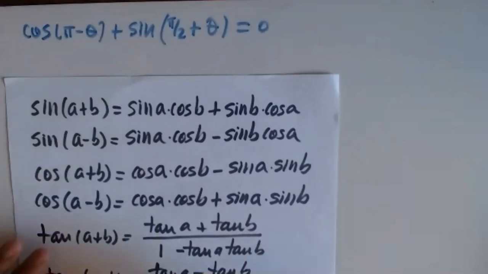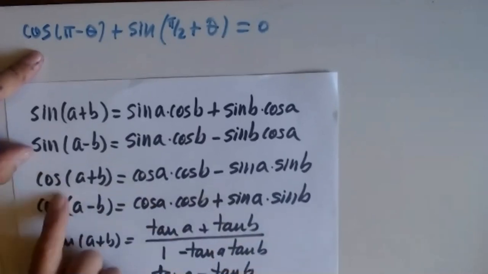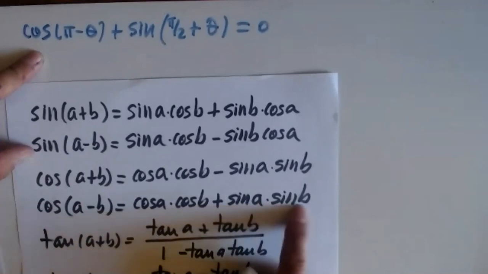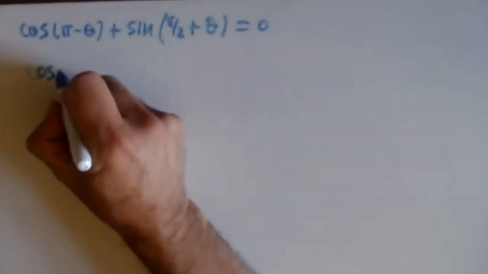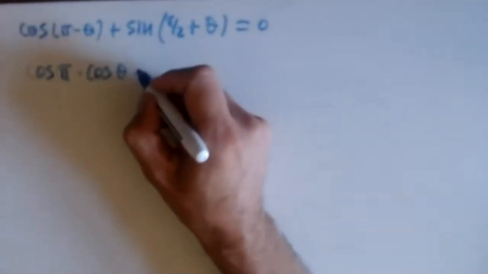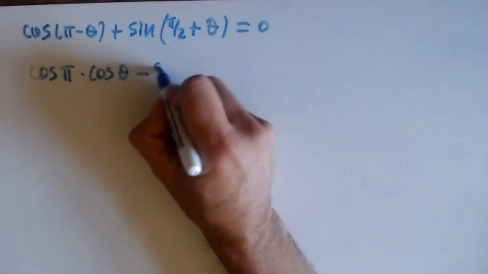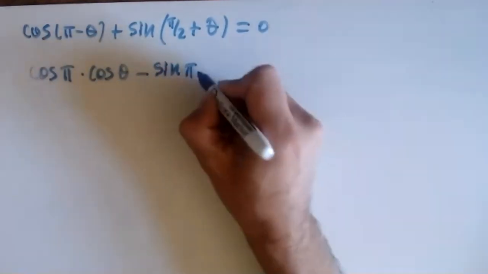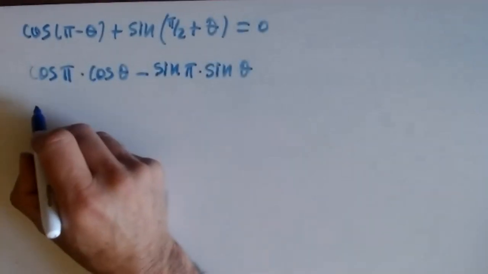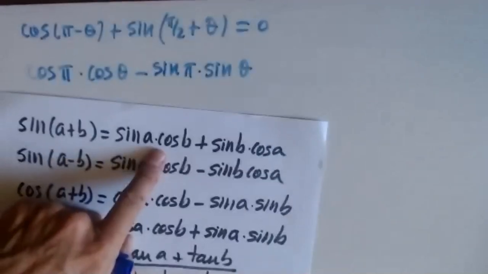This is going to be a little bit long, but not difficult. So I'm going to expand this one. Cosine of pi minus theta is going to be cosine pi times cosine theta plus sine pi times sine theta.